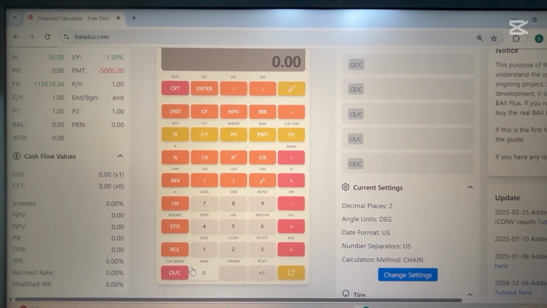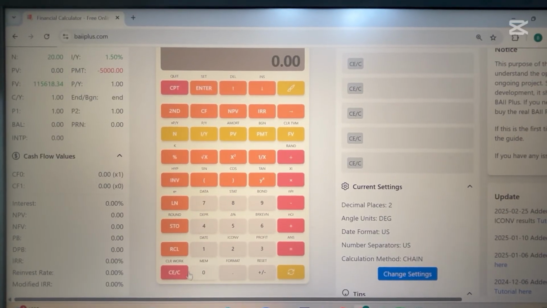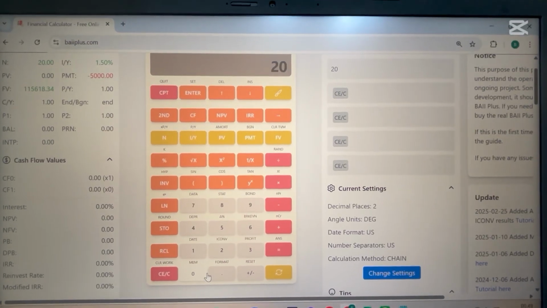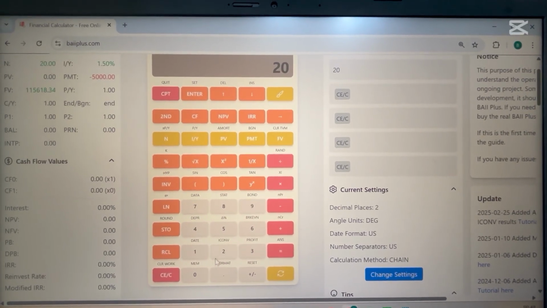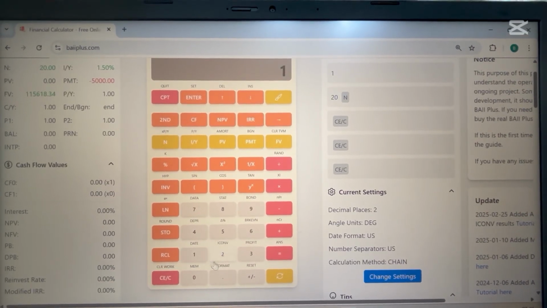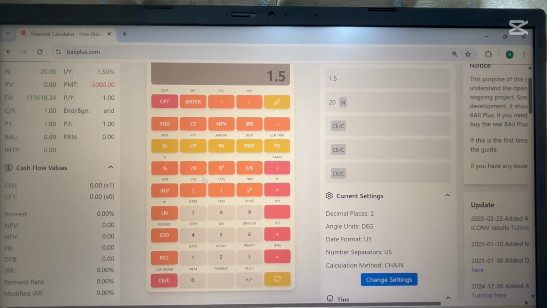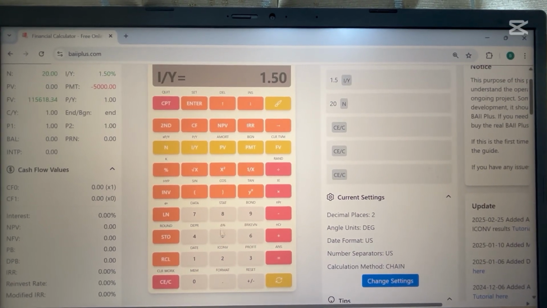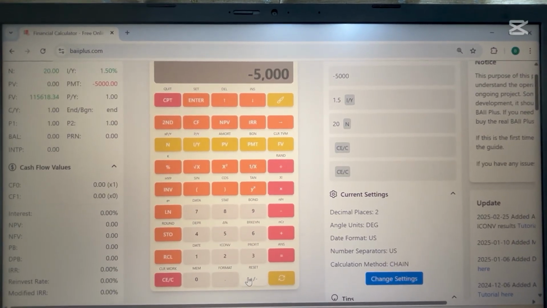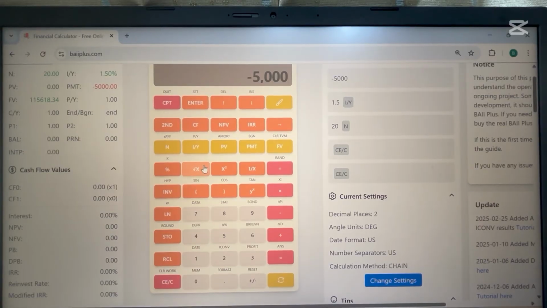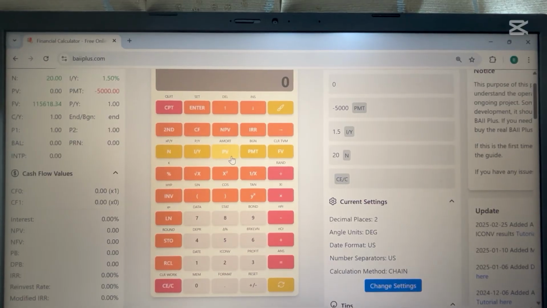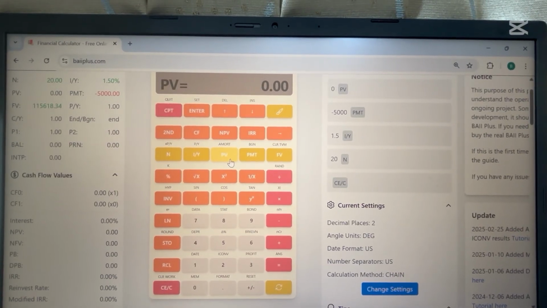Or we can use the financial calculator. Just enter 20, because 5 years multiplied by 4 quarters, as n, then 1.5 as the interest rate per period, then negative 5,000 as PMT since this is the money received, then 0 for present value because there is no initial investment.